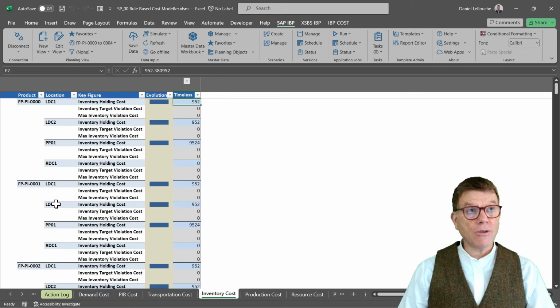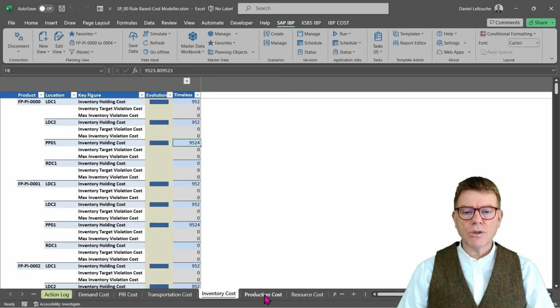LDC1, LDC2, meaning I don't want any stock to keep any inventory close to the customer. I prefer getting that on the regional DC. That's why the inventory cost is 0. And I absolutely don't want any stock on the factory. That's why I have placed here a very high inventory holding cost on the factory PP01.